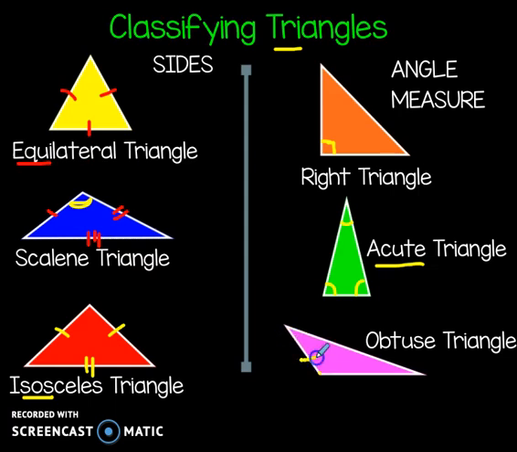Aha, he's short, he's a little bit longer, and then he's even longer. So this triangle is both considered to be an obtuse triangle, and it's also scalene. So it can also be classified either way. And so you'll find that with our two-dimensional shapes, we can sort or classify them according to their sides or also according to their angle measures.